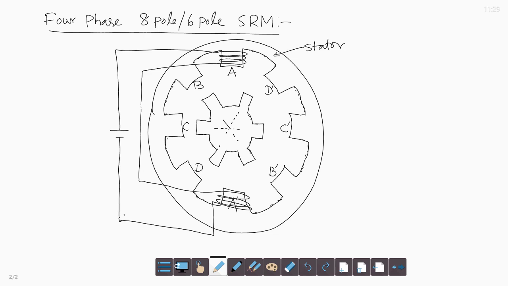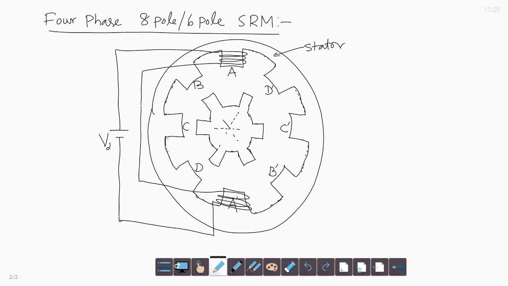So, these 2 windings constitute one phase, they are connected in series and they are given a DC supply V D as you can see here. Similarly, other poles are not shown. B and B dash also carry concentrated windings connected in series and supplied by the same DC supply.